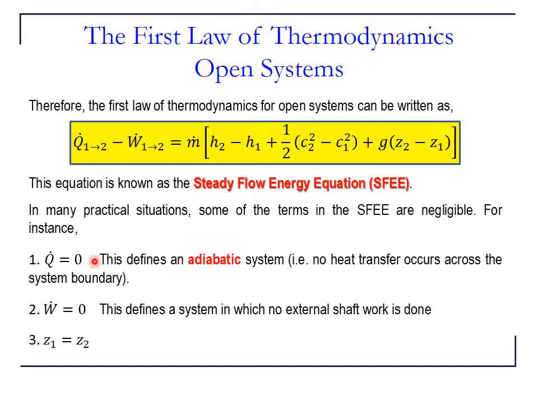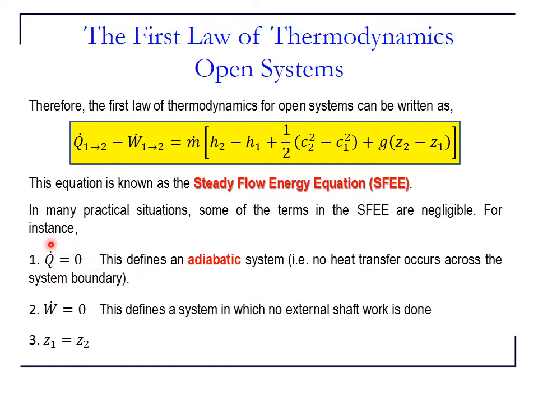For instance, here I listed some of these instances. For example, when the system is very well insulated, you can imagine that there's no heat transfer across the boundary, and then we give it a name: an adiabatic system. Once you see this term, it just means that this is very well insulated and the heat transfer is 0.